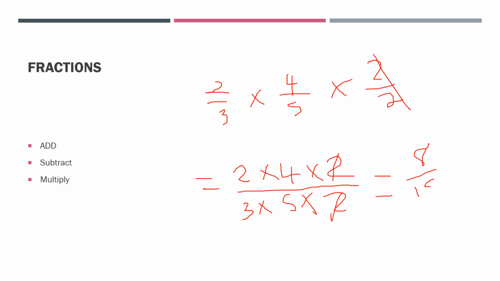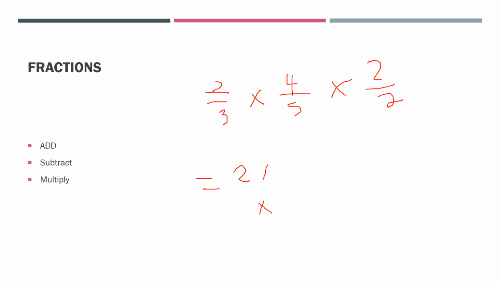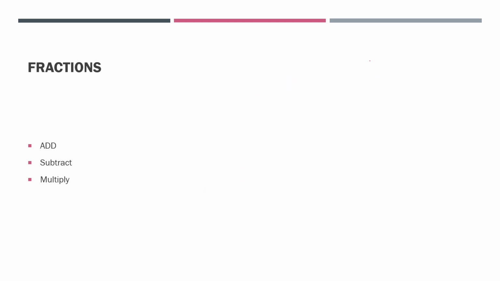15. Okay, so lastly, we're going to look at how to divide fractions. Let's say, for example, we have A over B divided by C over D. So basically, when you divide fractions, you don't actually divide like that.